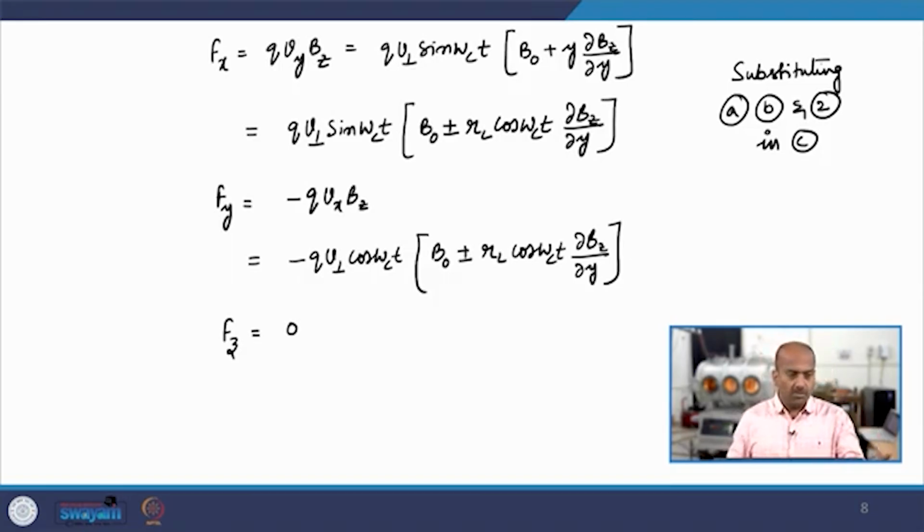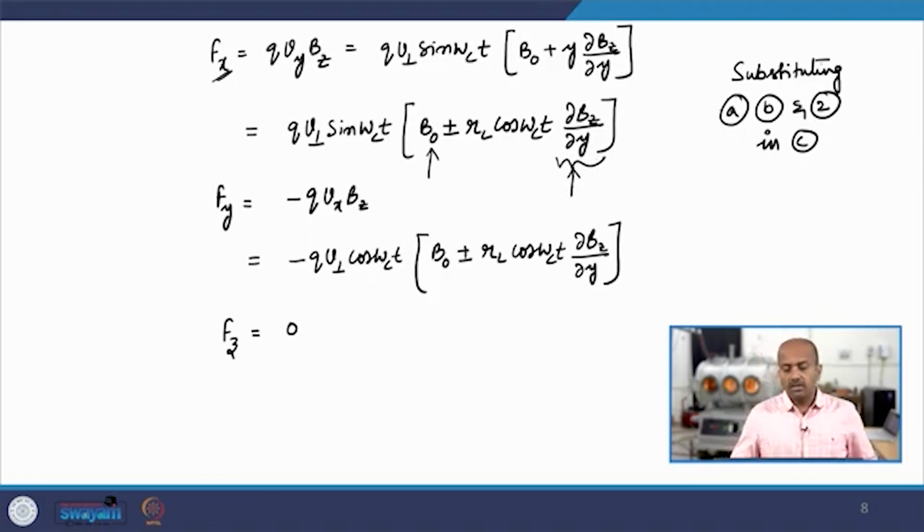Now, what I want you to understand is that generally when a particle moves in a magnetic field, it experiences a force which changes only its direction. But here what you are able to see from these expressions is that the particle is not just experiencing a force because of B naught, it is also experiencing a force because of the way the magnetic field changes.